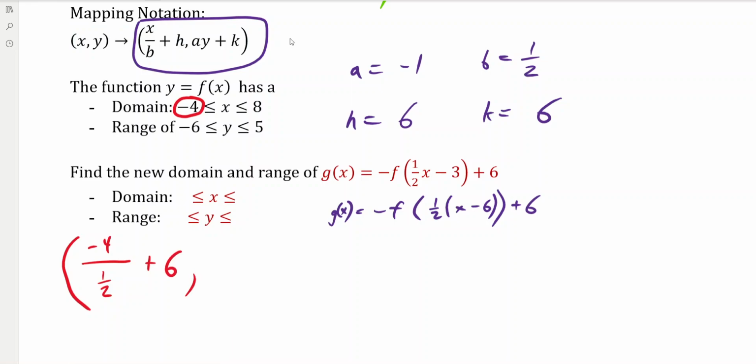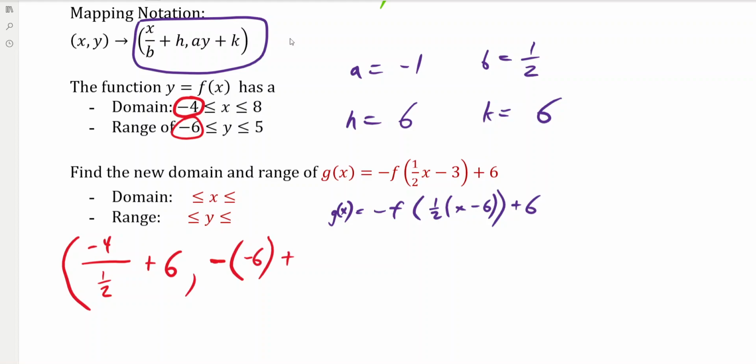The A value is -1, and so it's negative, and then whatever the Y value is, so that's the -6. So we're looking for the minimum point in both directions.